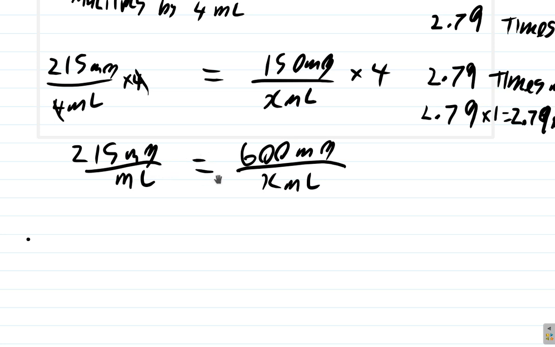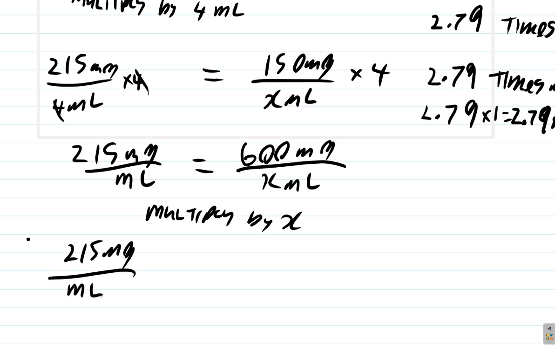Now the next thing I do, instead of just cross multiplying, which is both multiplications at one time, I'm doing them separately. Suppose you multiply by x, what happens now? You have 215 milligrams per milliliter times x equals 600 milligrams per x milliliter.